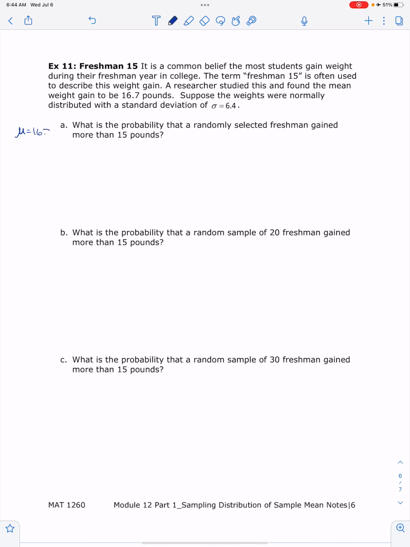Okay. A, we want the probability that a randomly selected freshman gained more than 15 pounds. So here is my curve. There is my mean. Here, my standard deviation is 6.4. We're talking about a randomly selected freshman.